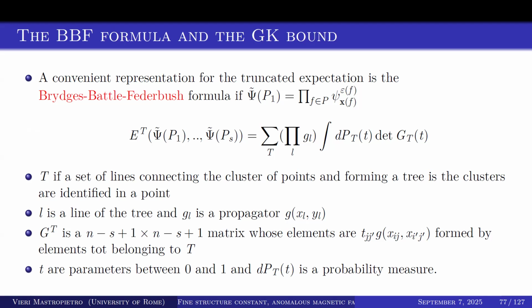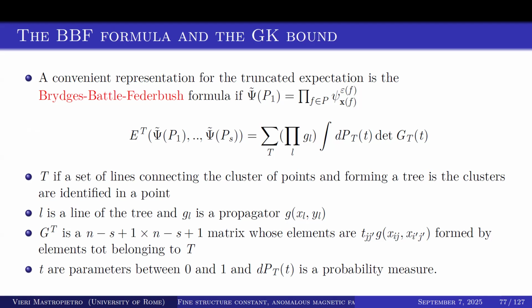So what this formula says is that you have several monomials. This is the truncated expectation. So you have the sum of all the possible trees. You extract the propagators corresponding to the tree. Then what remains is this determinant.